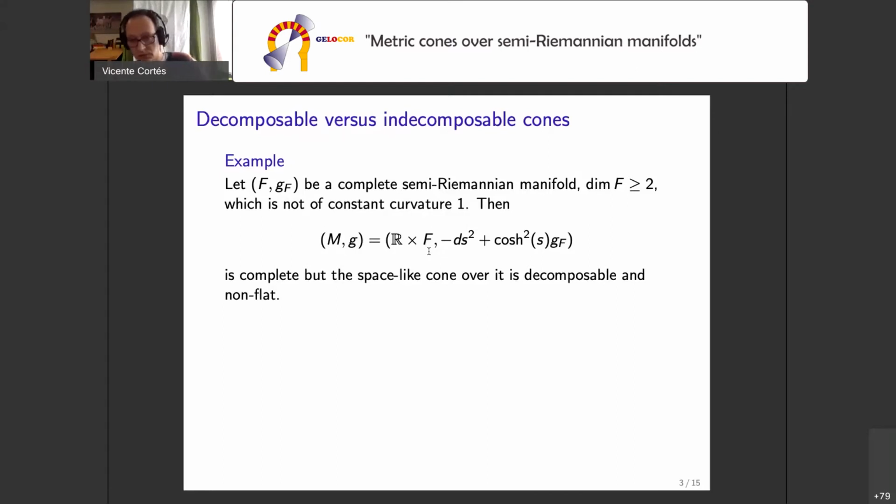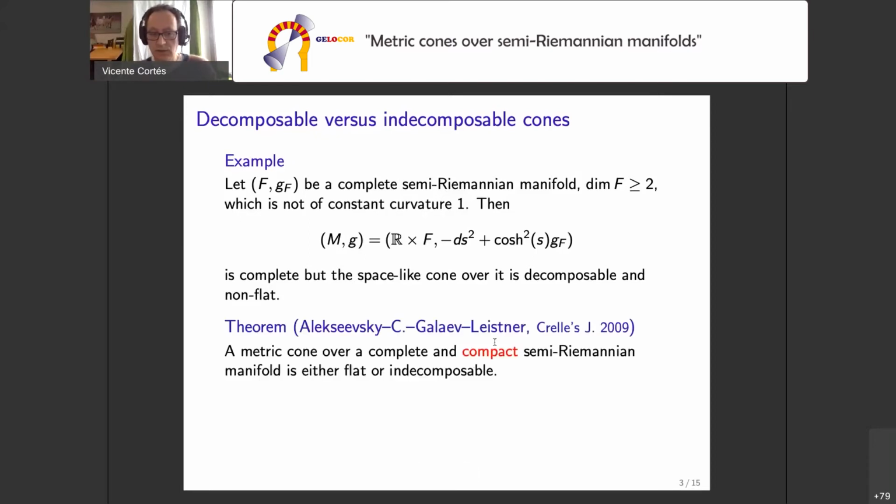So you could, at this stage, abandon the topic and say, okay, it doesn't work, so what can we do? But in fact, it turns out that if you add some stronger condition, so completeness is not sufficient to obtain the Gallot theorem in the semi-Riemannian setting, but we found that by adding a stronger assumption, you can still prove the Gallot theorem, and this stronger assumption is compactness.